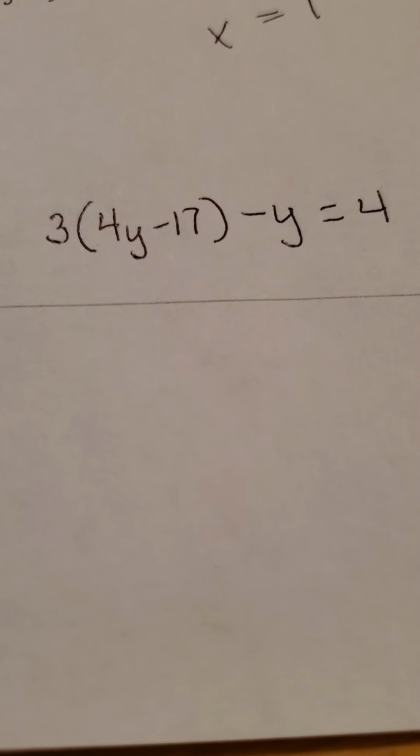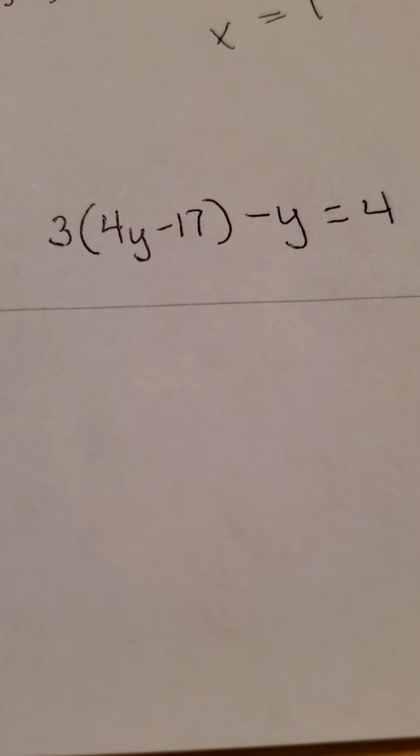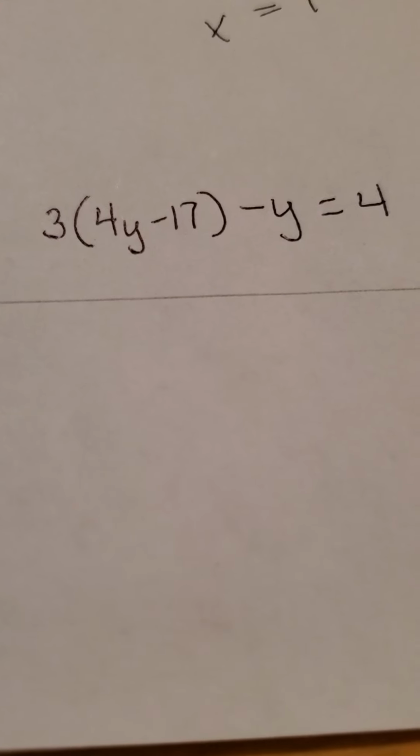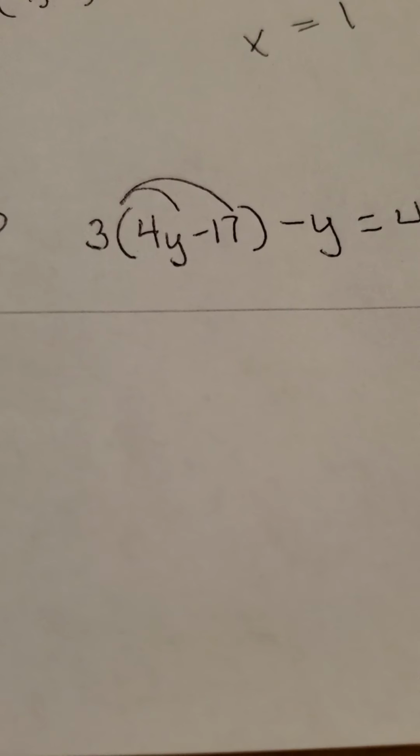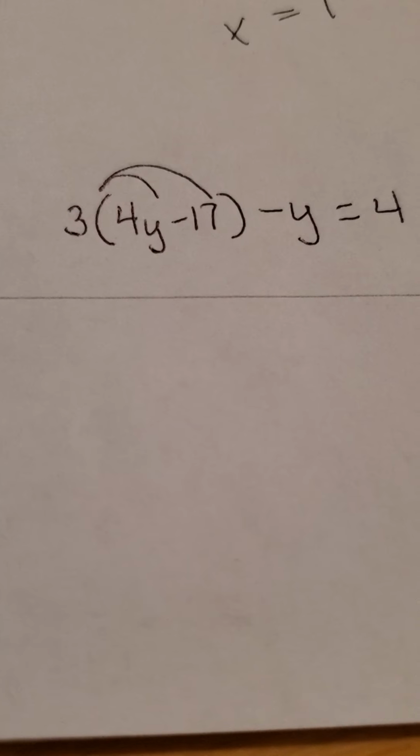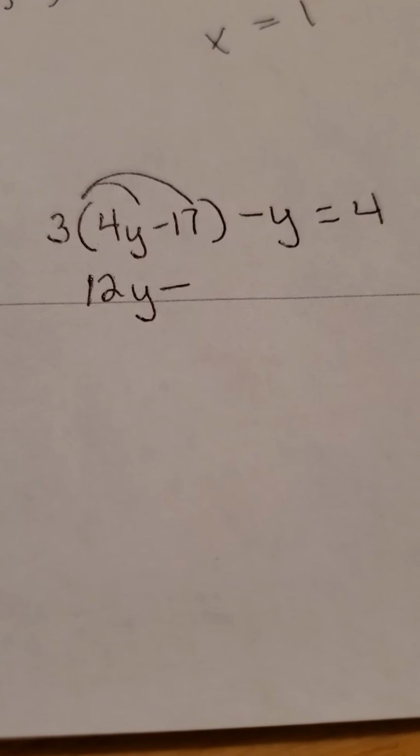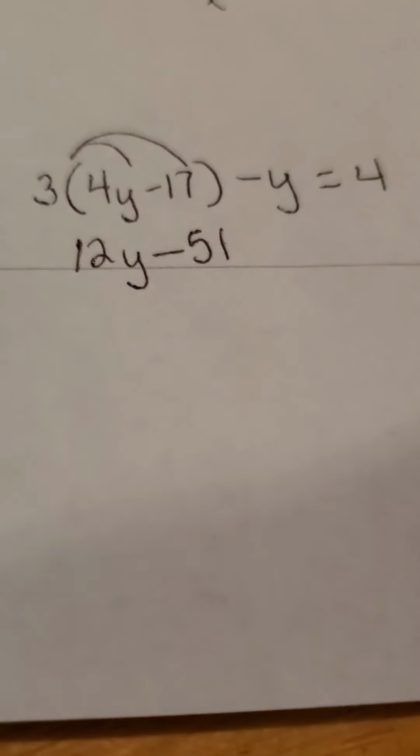Okay, now I have to do a little bit more work to do my solving, but you can see I only have one variable I need to solve for now, and that's y. So I'm going to do my distribution because I have to get rid of my parentheses first. So 3 times 4y is 12y. And 3 times negative 17 is going to give me negative 51.